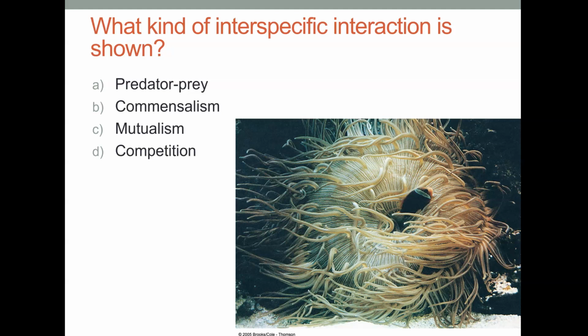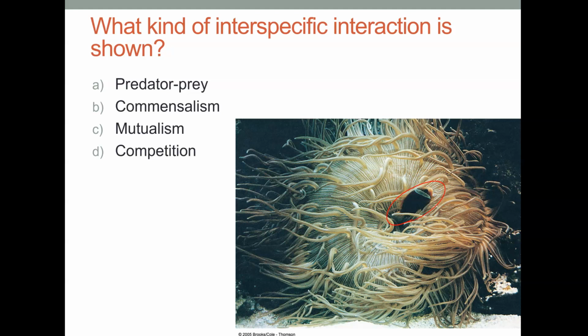If you haven't seen Finding Nemo, I will tell you that this is a clownfish, right? This is a little clownfish, and this is a sea anemone. These tentacle-looking things are called tentacles, and they're full of poison.